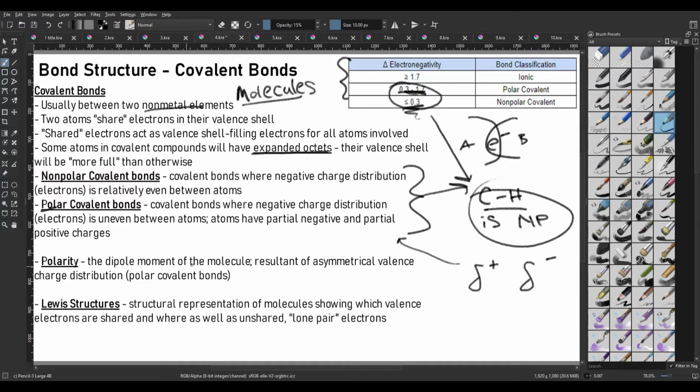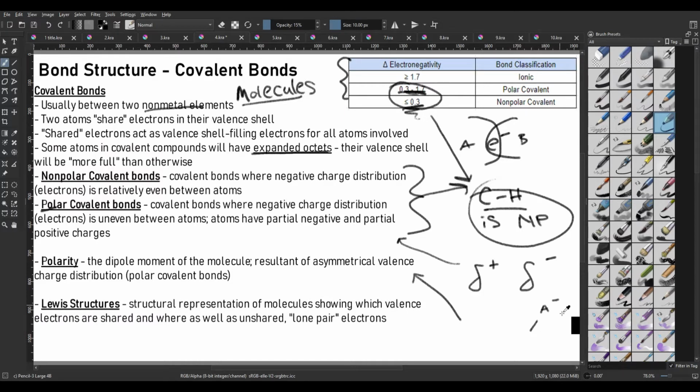And on the topic of polar covalent bonds, they're going to have something called polarity, and that's just going to represent the dipole moment of the molecule. And again, asymmetrical charge distribution. We indicate this with an arrow, so if we have maybe atom A up here is more negative, atoms B and C down here are more positive.